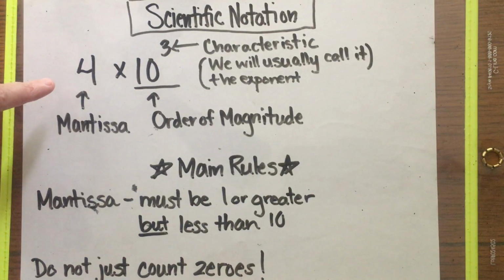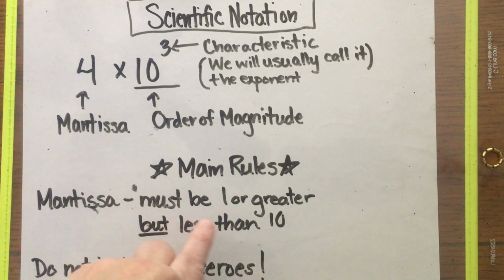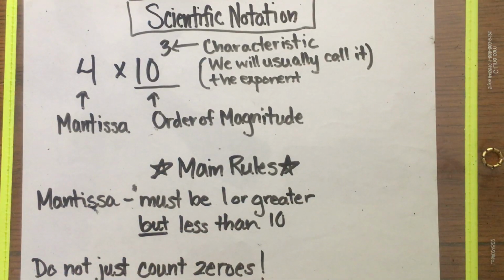It will not be an appropriate scientific notation. So therefore, our mantissa must be 1 or greater, so it can be 1, but it has to be less than 10. It can't be 10, it's less than 10. And you're going to know what this means here in a few minutes. You do not just count the zeros when we are moving spaces around. So that'll become a little clearer when we talk about things.